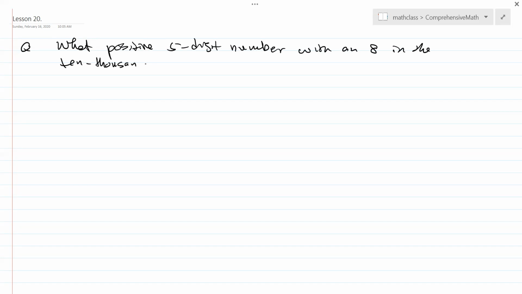So the number will be 8ABCD. That's a 5-digit number.